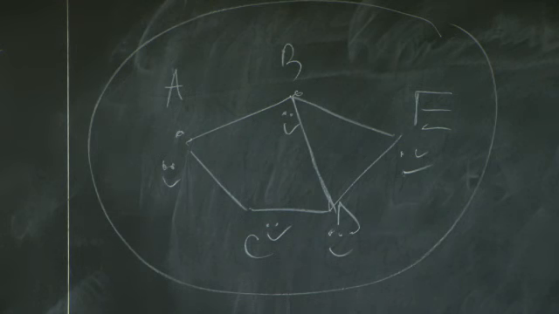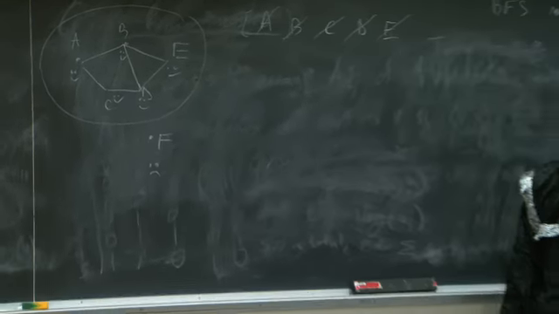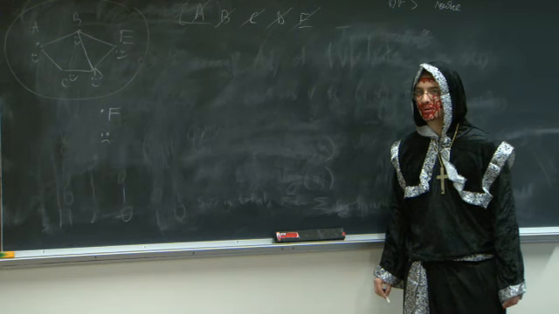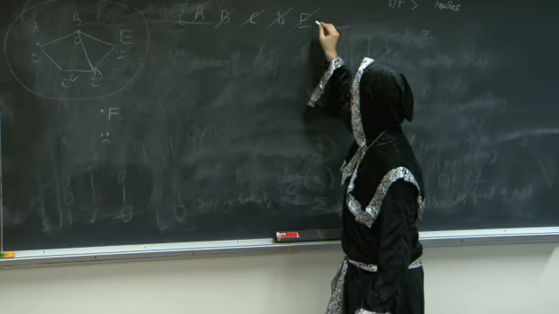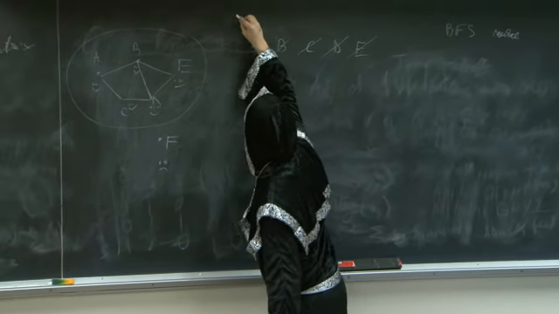How do I keep track of what node I've discovered and what I haven't discovered? What data structure do I use for the list? I probably want a queue. We teach you something simpler, but most of the time when you write the code, you actually use a queue.